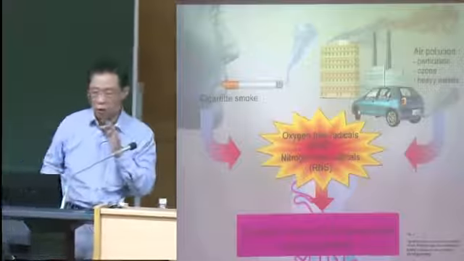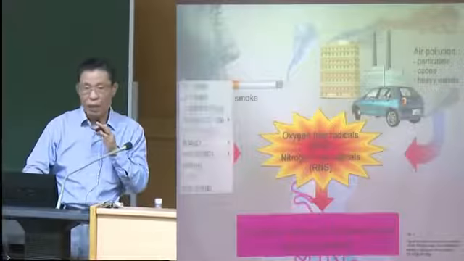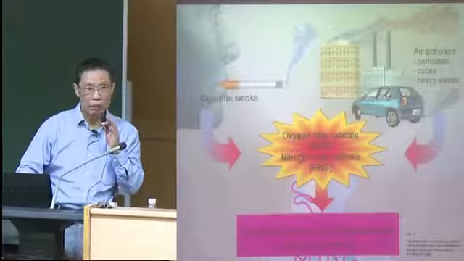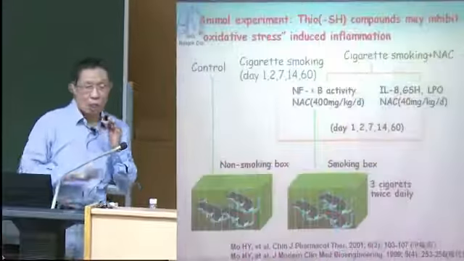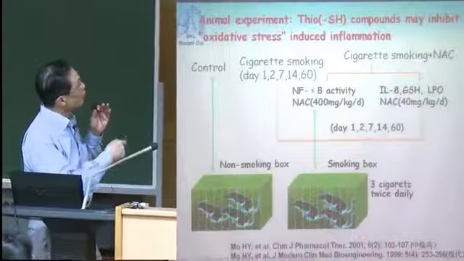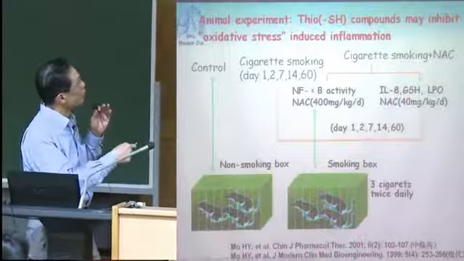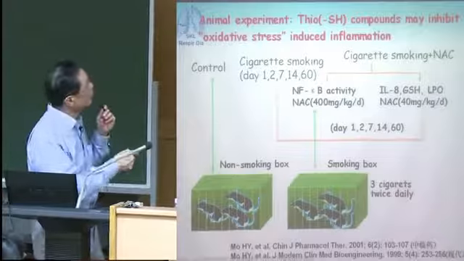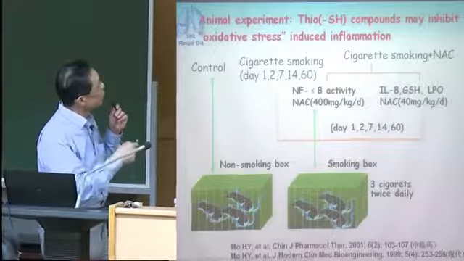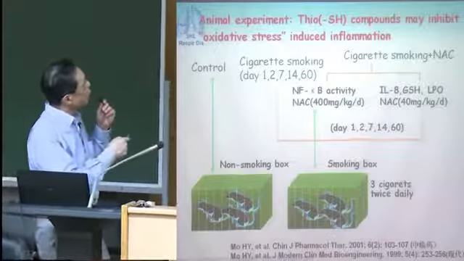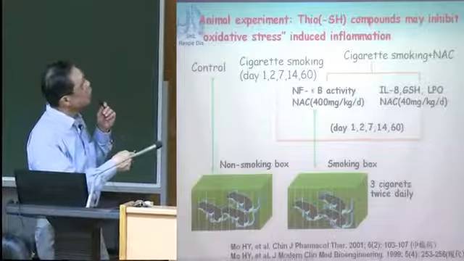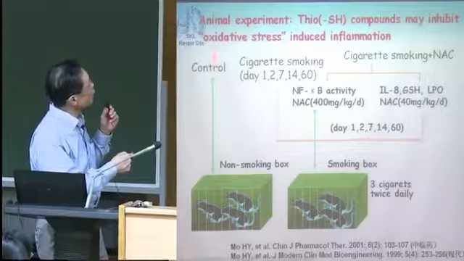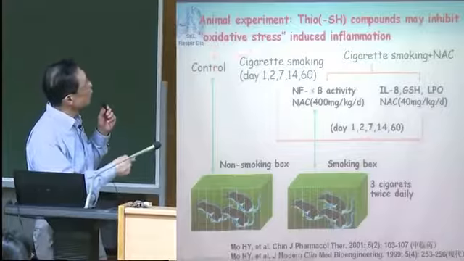I'm not going to talk too much about this, but in the basic research, we have found some compounds containing a thiol group, 硫氢基, because this is a reduction agent, 还原剂. They can inhibit the oxidative stress-induced inflammation.